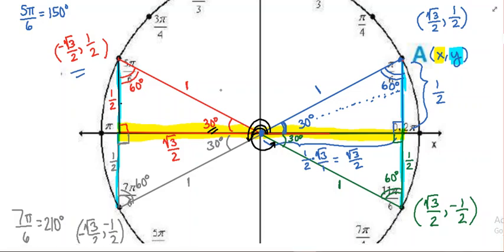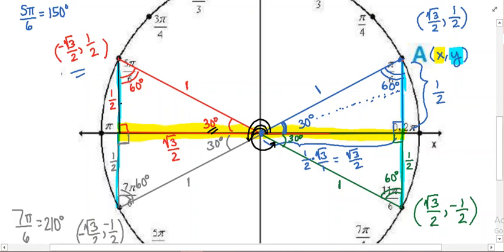To do that, we constructed this red triangle. It's a 30, 60, 90-degree triangle. One thing you might notice is there's not a 150-degree angle in that triangle, and that's okay. Remember how we came up with this particular triangle.